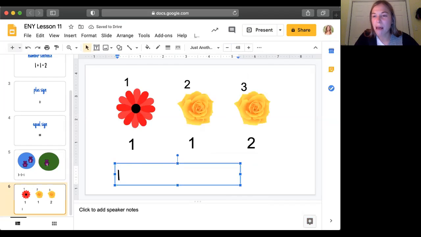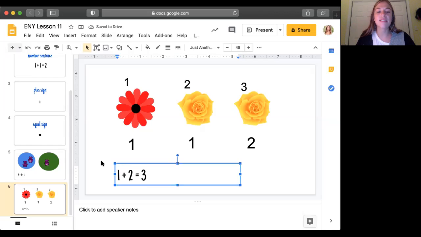Then I'm going to add my plus sign because I know that she got more flowers. How many more flowers did she get? How many yellow flowers? Yes, 2. So now I'm going to write a 2. And then I'm writing my equals because that brings it all together. And all together, Miss Ziegler has 3 flowers.